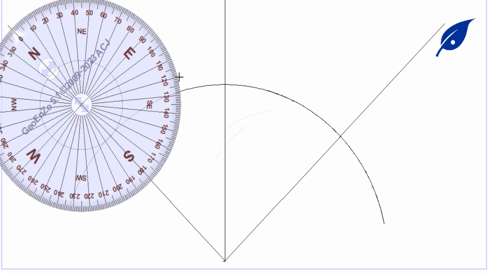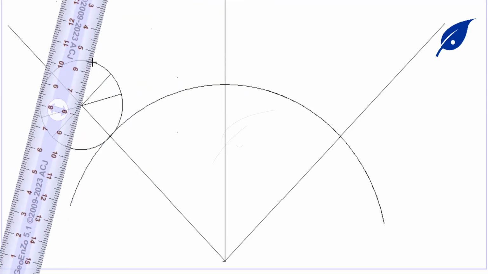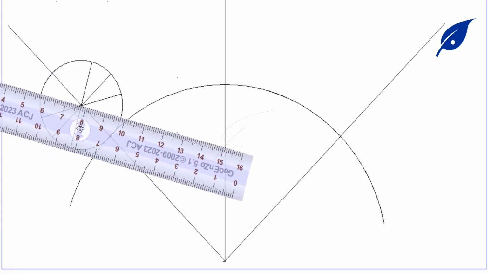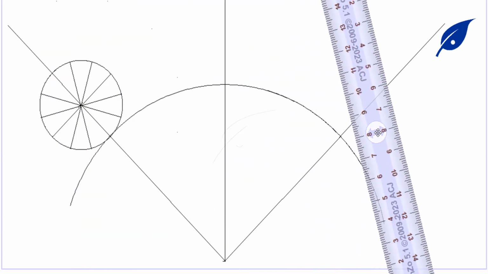One method is to use a compass to divide it, or we use a protractor to measure the angles. 360 divided by 12 is 30 degrees, so we measure each angle and mark them at intervals of 30 degrees.